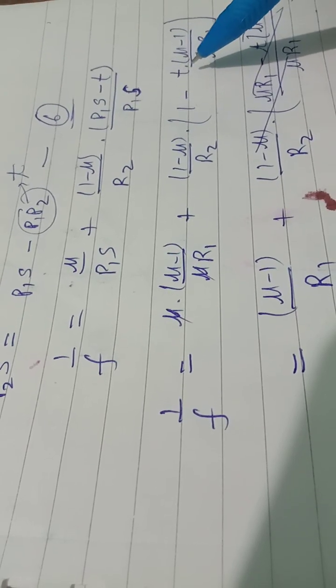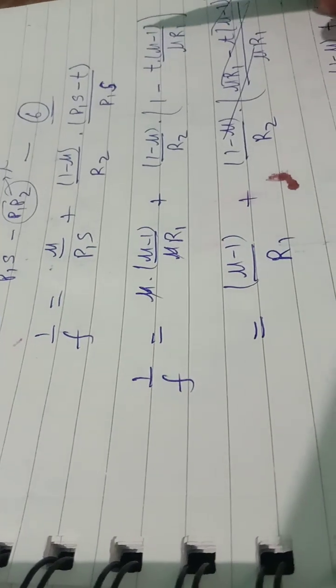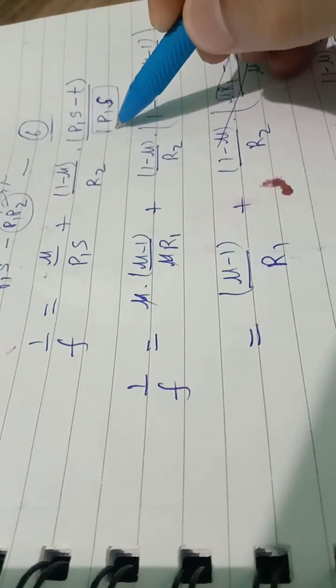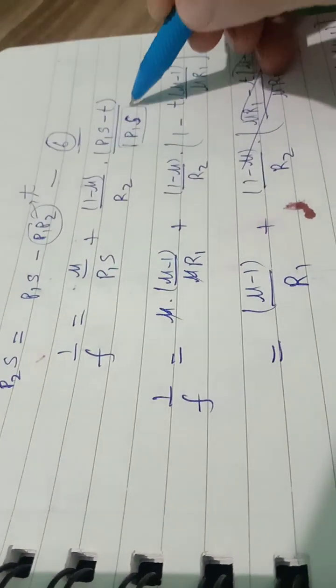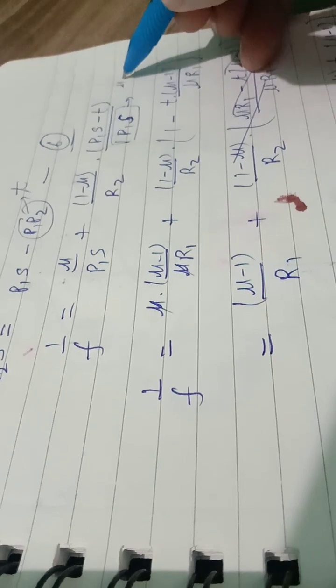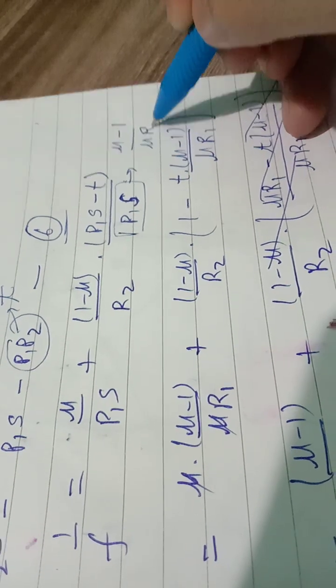I put the P1S value from equation number 1. Put the value of P1S. That is nothing but mu minus 1 divided by mu R1.